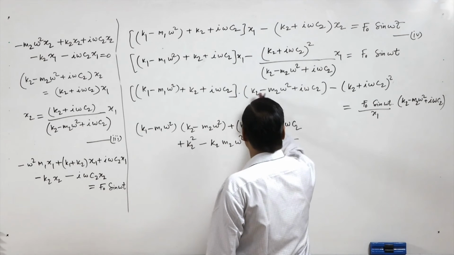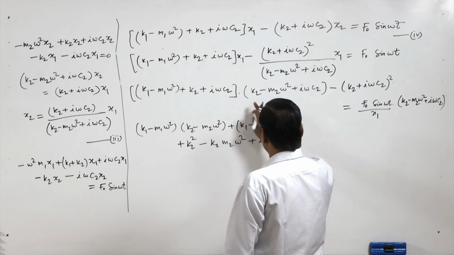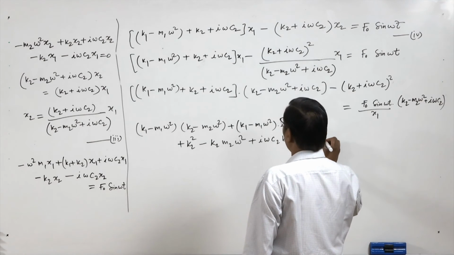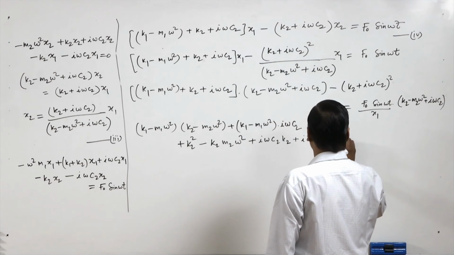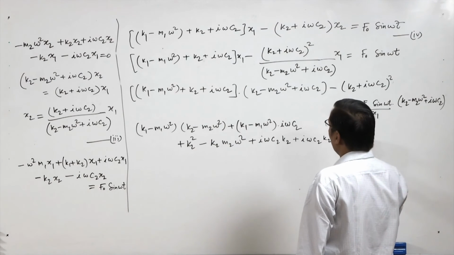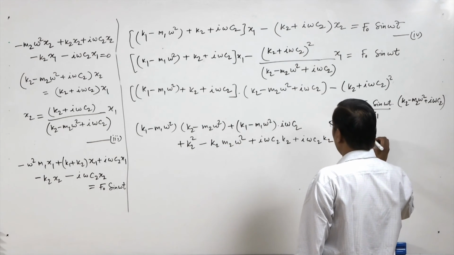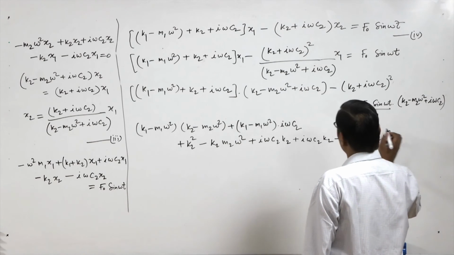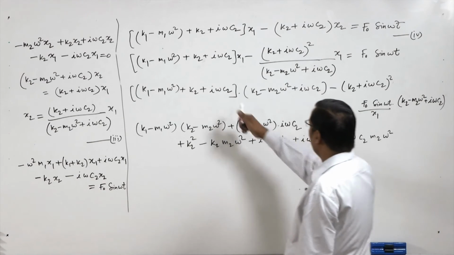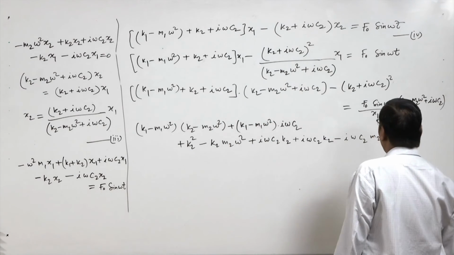Now we multiply this term to all, so this is plus i omega c2 k2 minus i omega c2 m2 omega square, and then i omega c2 whole square.